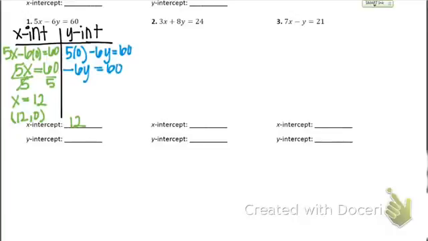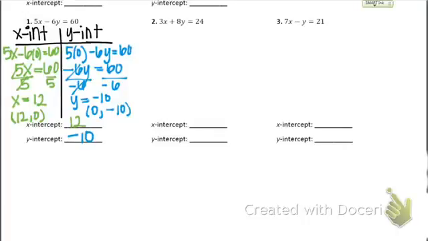Okay, that negative does not go away, because we're really doing 0 minus 6y, which is negative 6y, right? Okay, divide both sides by negative 6, and I get y equals negative 10, which is actually the coordinate 0, -10. And my y-intercept is at -10.